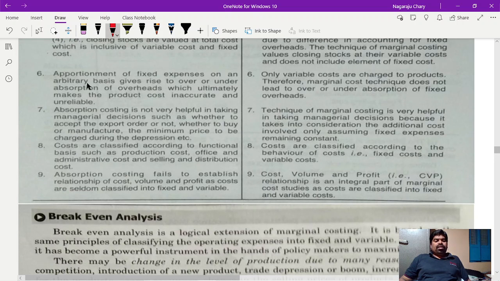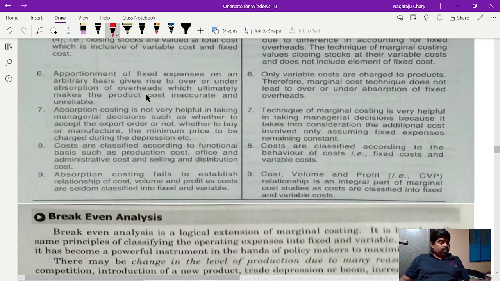And next we see, apportionment of fixed expenses on an arbitrary basis gives rise to over or under absorption of overheads, which ultimately makes the product cost inaccurate and unreliable.